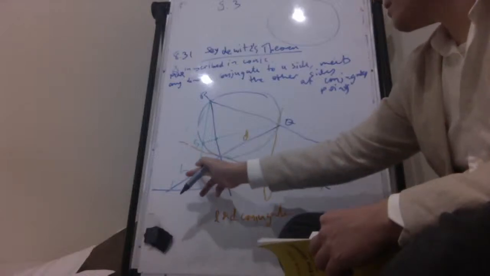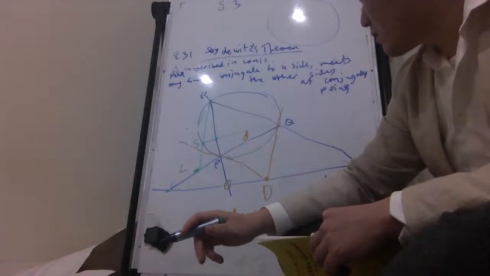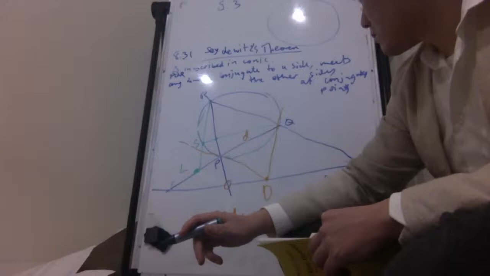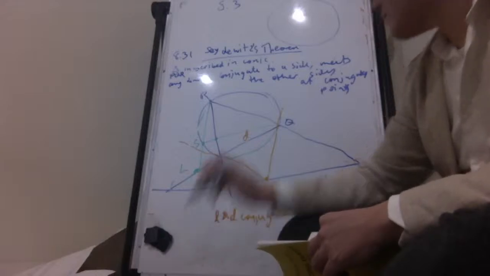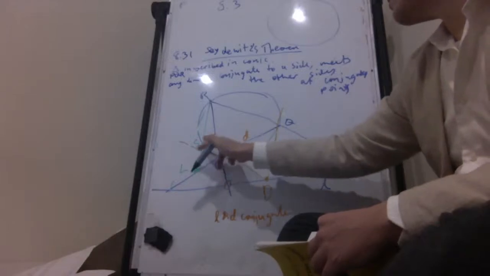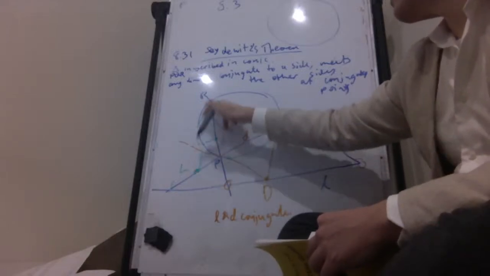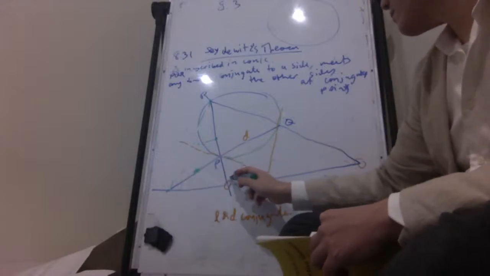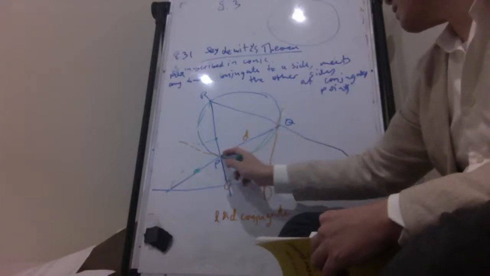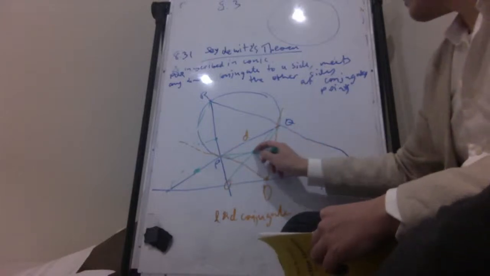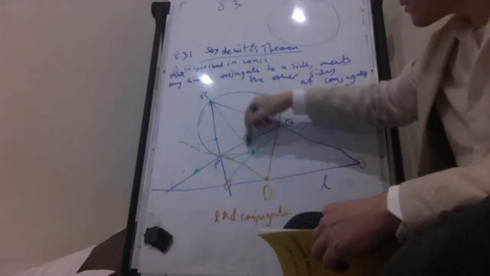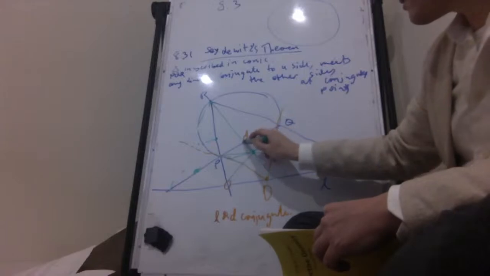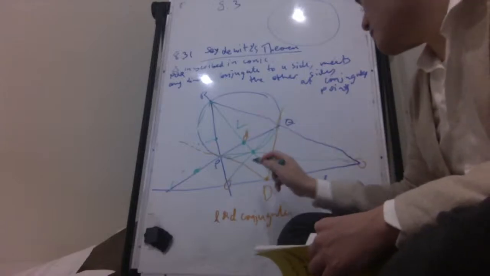Maybe the point is L shouldn't be there. We don't actually know the position of L, but it should most likely be where we said it was. This should be S, and then R, S. So this should be L.